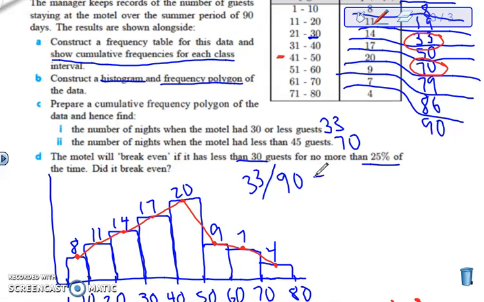So it's going to be about 37%. So did they break even? No.